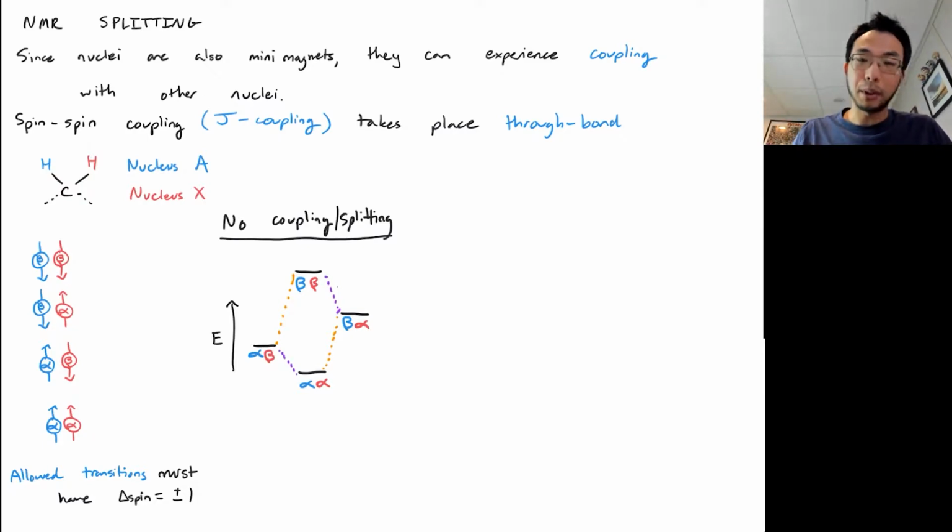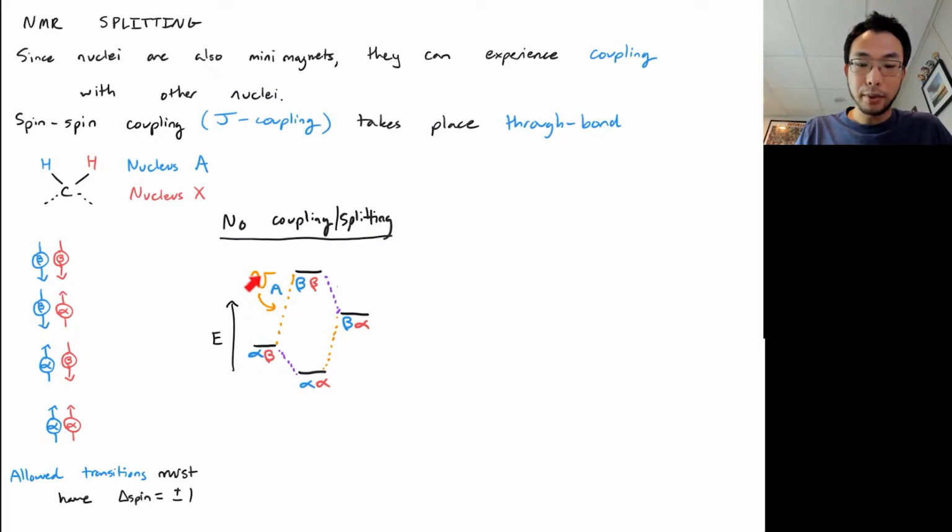So in orange and purple. It turns out that if the two nuclei are totally identical to each other, then the spin flipping can only have two different energies. If you look at what's going on here, we'll start with the top left. What I'm getting is I'm flipping the alpha blue to a beta blue spin.